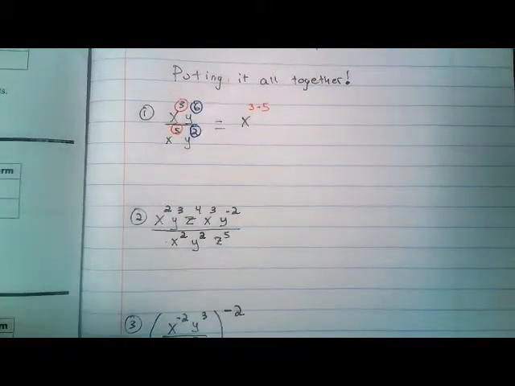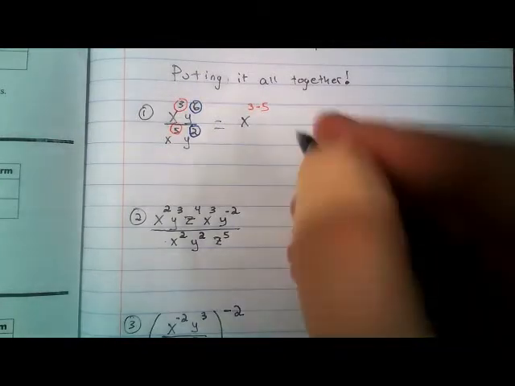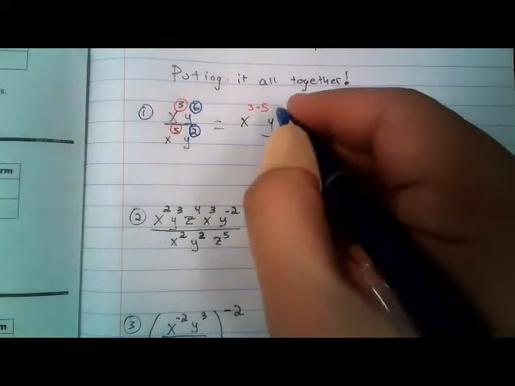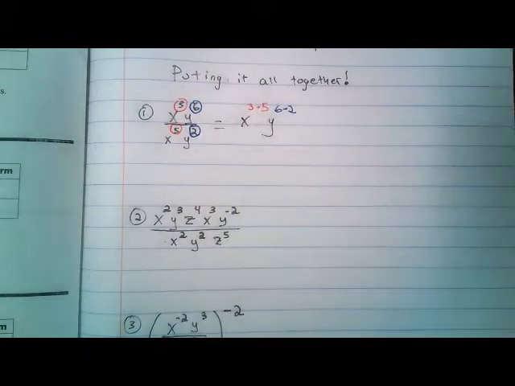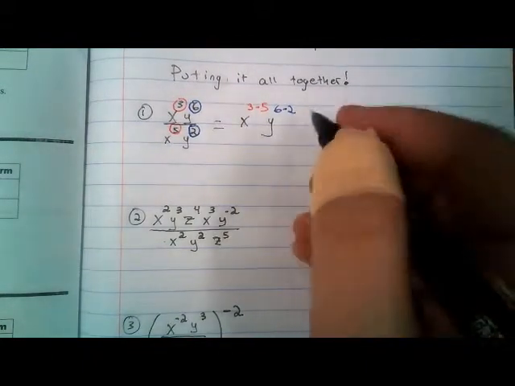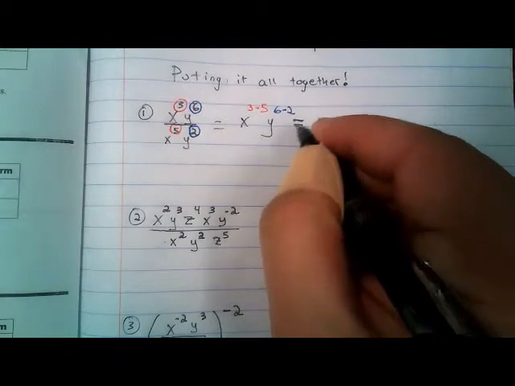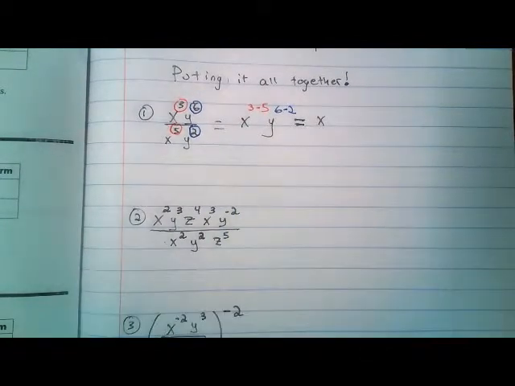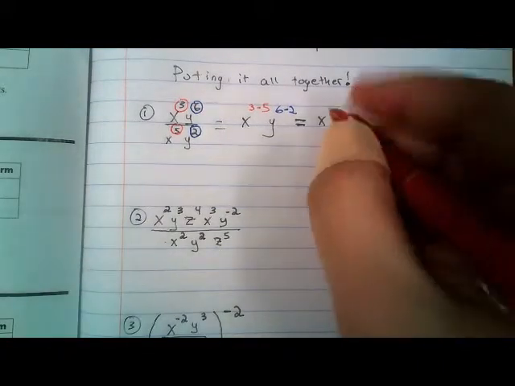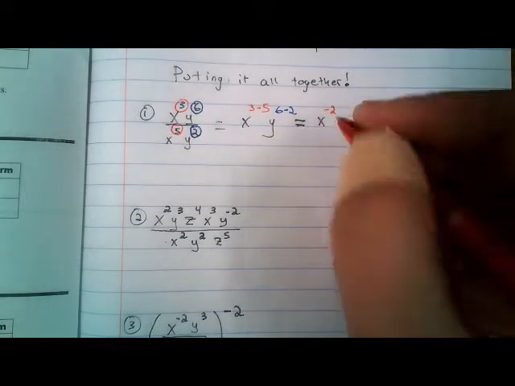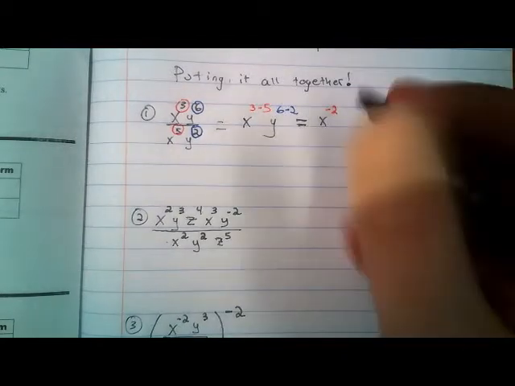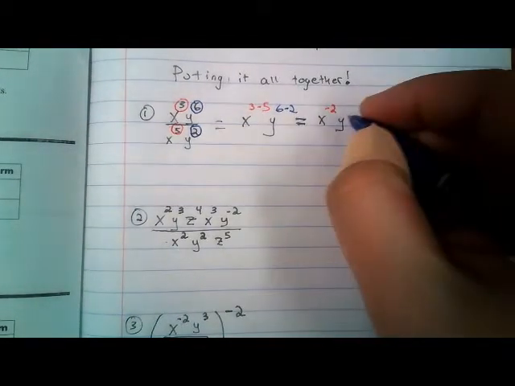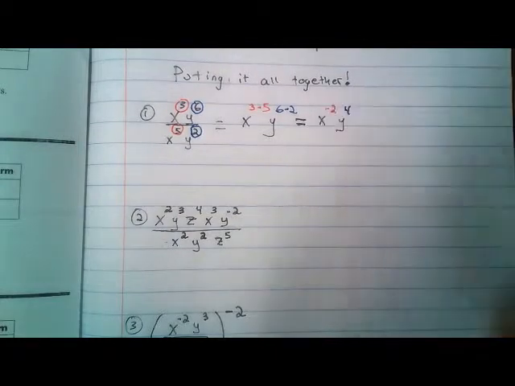That same property says that I subtract those exponents, 6 minus 2. And from there we get x to the 3 minus 5, which is negative 2, and y to the 6 minus 2, which is 4.